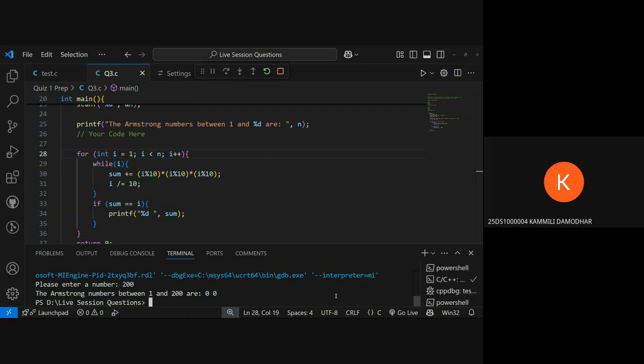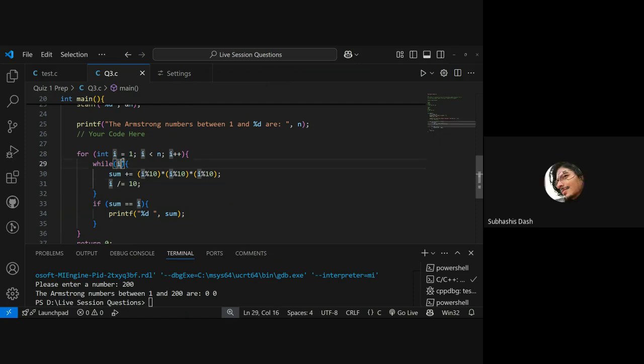Then after while becomes false, only i becomes 0. When i becomes 0, while becomes false, then it will come out of the while loop. Whenever it is checking sum equal to i, so we need increment in the while loop, I think.